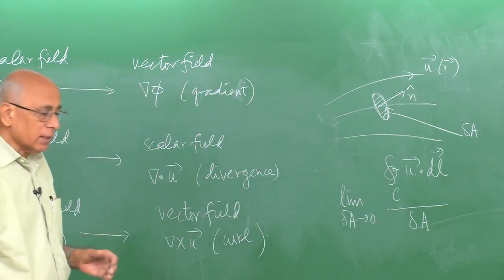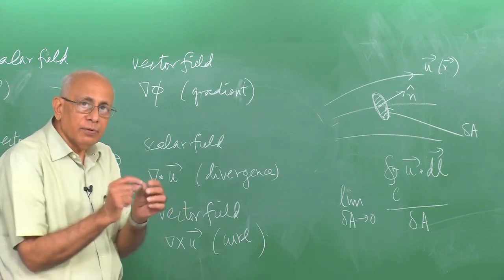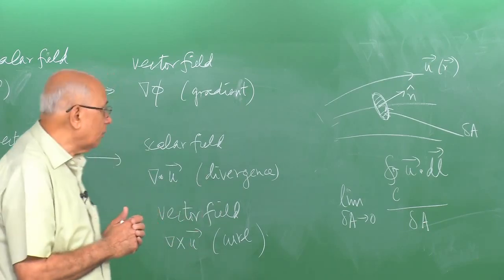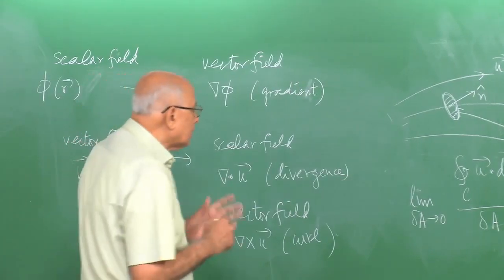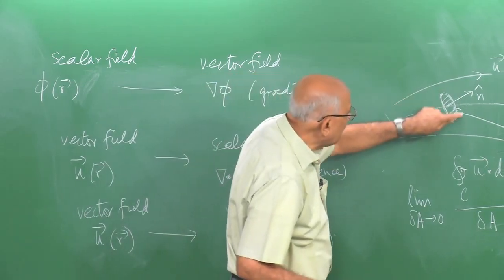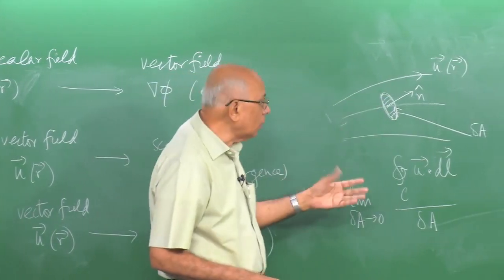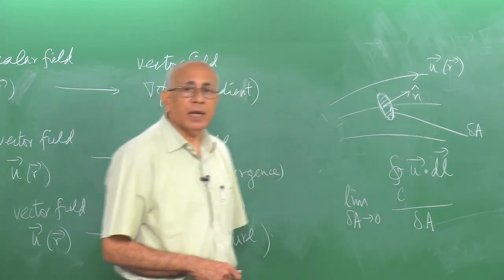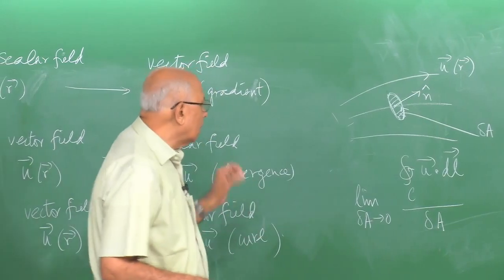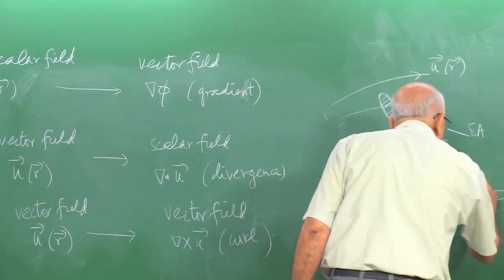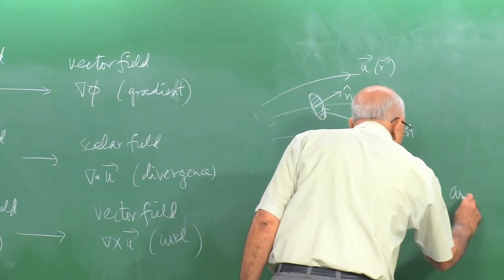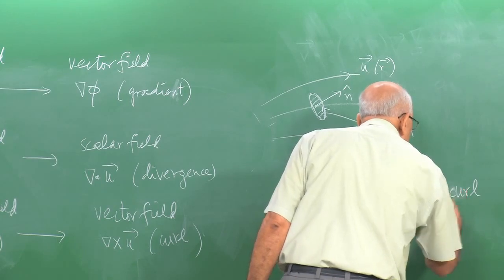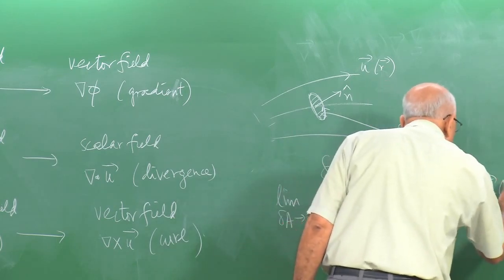The limit is finite, just as we took the flux per unit volume over an infinitesimal volume element and the surface area delta S of the volume element went to 0. In the same way, this periphery, the circumference also goes to 0, the area goes to 0 in such a way that this quantity, if it has a finite limit, it is called the curl of this vector field. So this is the definition, it is called the curl of u at the point r.